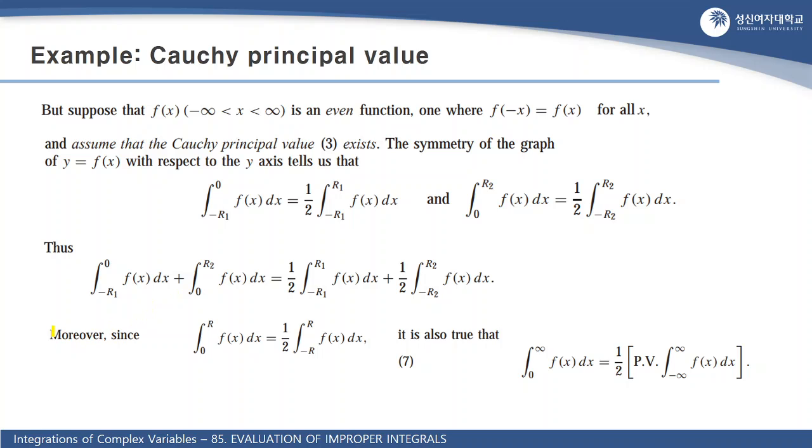The observation concerns even functions, which are defined by this property: f of negative x is equal to f of x for all x. We consider the domain of f of x to be the whole real line, and we assume that the Cauchy principal value exists.